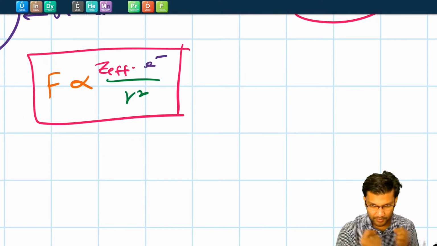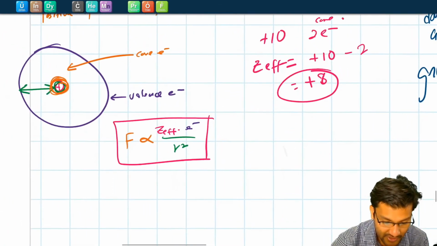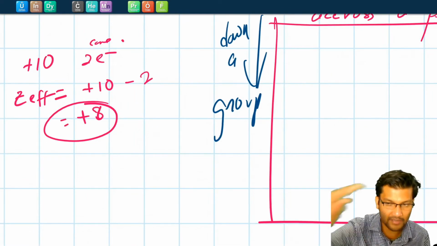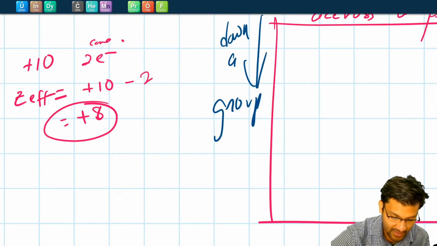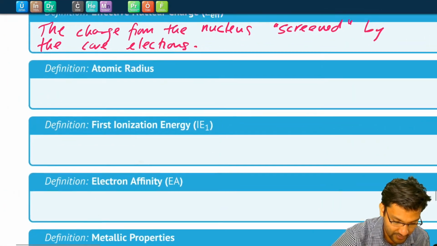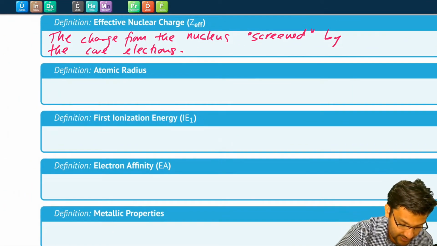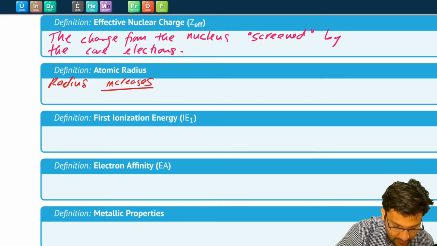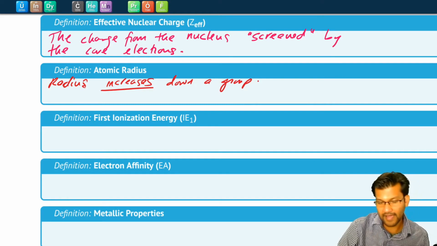So that makes it obvious, actually, that as we go down the group, we're adding more and more layers of electrons, and so the size of the atom, the atomic radius, gets larger. So let's write that. The radius increases down a group for the simple fact that we're just adding more and more layers of electrons.